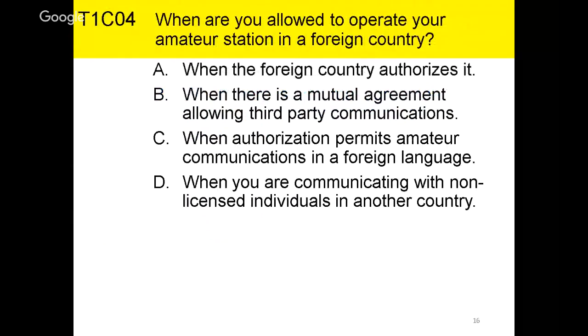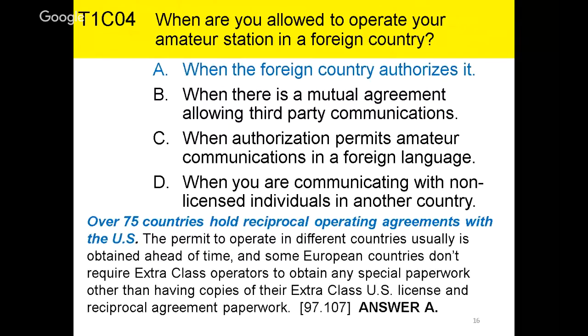And when are you allowed to operate your amateur station in a foreign country? Only when the foreign country authorizes it. If there are reciprocal operating agreements with the U.S., you need to apply for a license to operate in that country, and there are various ways that happens.